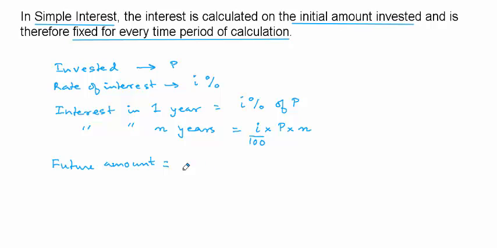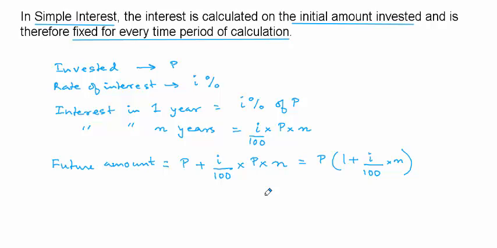So that's P plus the interest accumulated over n number of years. So that is going to be I over 100 times P times n, which is equal to P times 1 plus I over 100 times n.